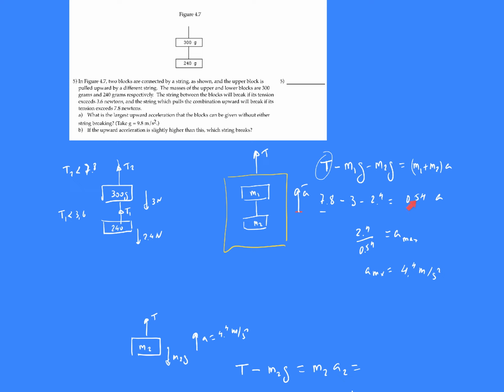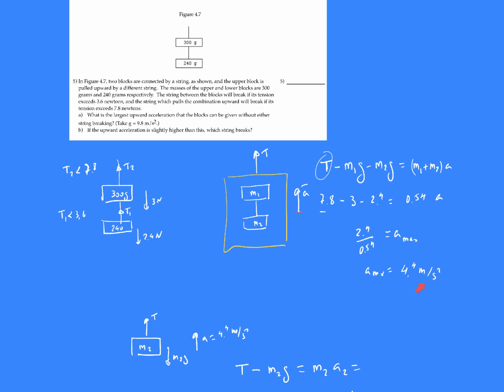And this is mass times acceleration, but the mass is M1 plus M2, which is 0.3 plus 0.24, which is 0.54 A. If I make the sum here, 7.8 minus 5.4 is 2.4. 2.4 divided by 0.54 gives an acceleration of 4.4 meters per second squared.